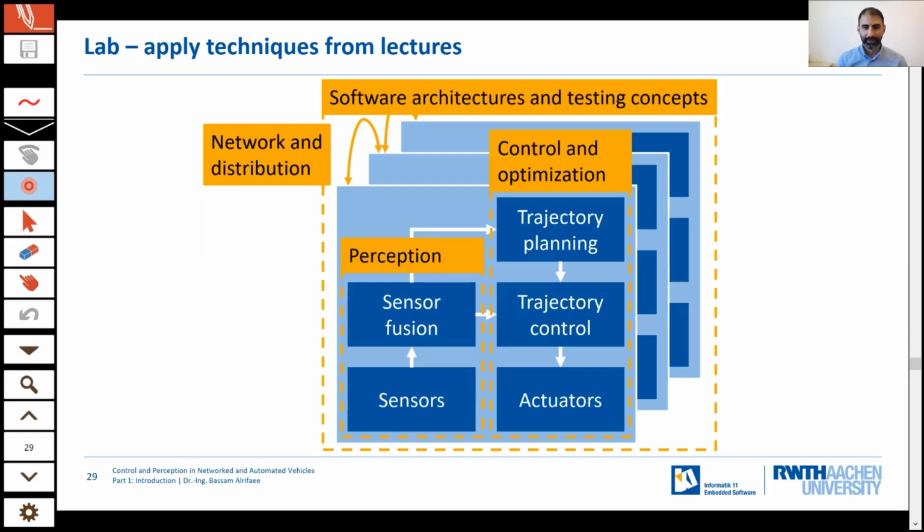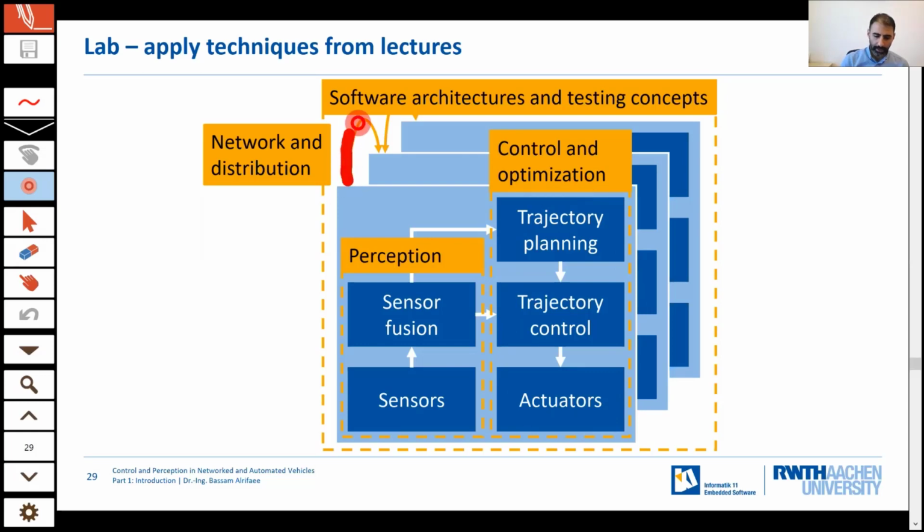Okay, in PowerPoint, I would have here an animation, but we're using now PDF. It's no problem. I can explain it without the animation. So here we have the concept of the lecture and the application of it to the lab. We have the perception using sensors and sensor fusion, control and optimization for computing trajectory control and how to apply them to the actuators.